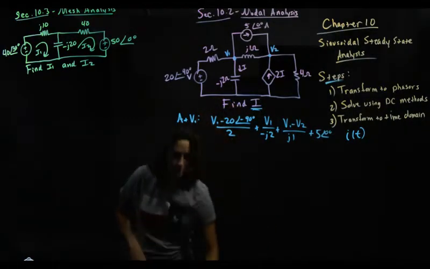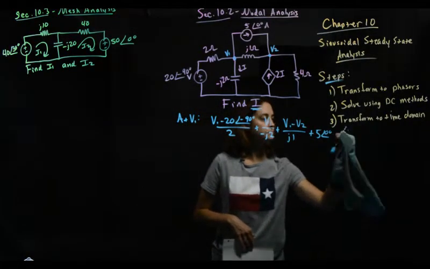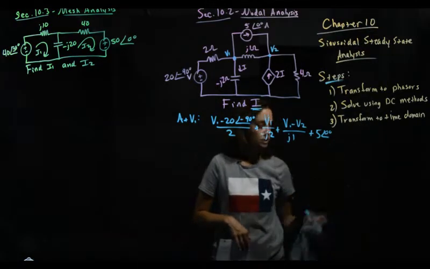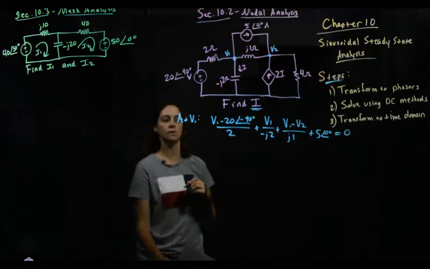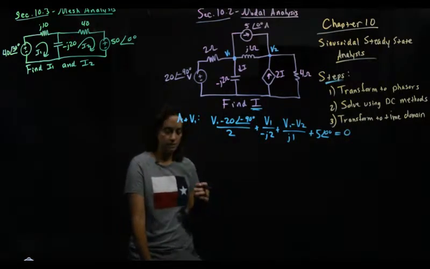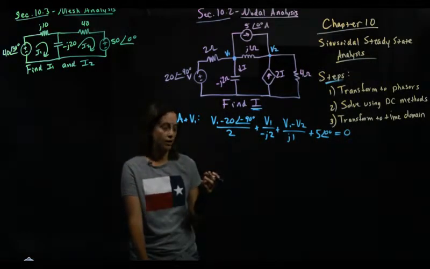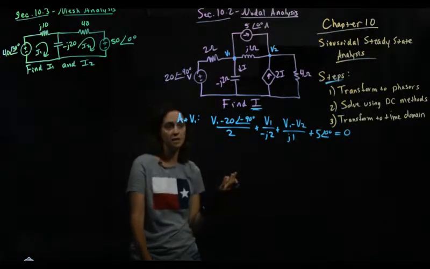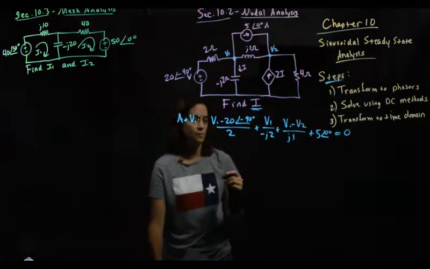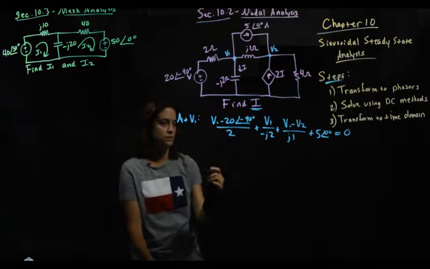Get rid of this little I of t now that's in my way. And just like our nodal equations we're used to writing, we set all of that equal to 0. Obviously the next steps are a little bit harder because solving these is not super fun. We can go ahead and combine everything we have for V1 and V2.